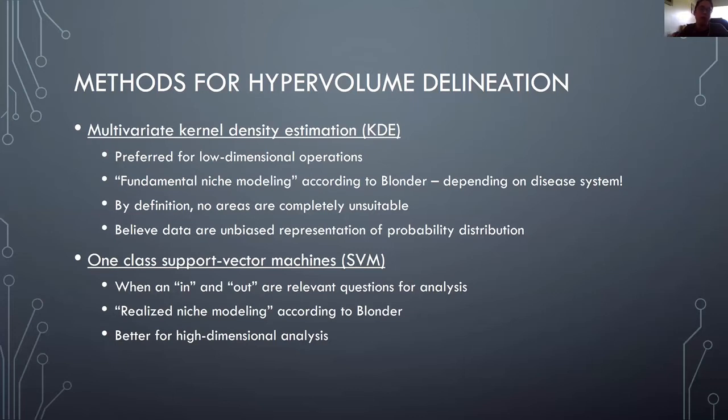Blonder then later goes on to talk about how this is more of a realized niche modeling application, but again, this is kind of debatable depending on the disease system. Because of the nature of how support vector machines work, this is more recommended if you need to do high dimensional analysis, because it doesn't matter if it's constrained.